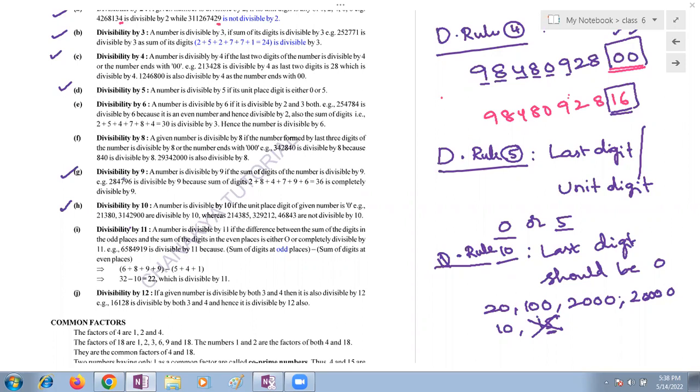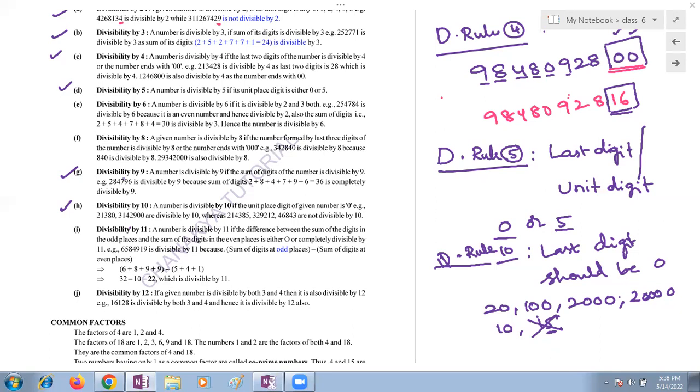Ma'am, it's 36. 36 will come in the 9 table. Yes, now 9 how many times is 36? 9 fours are 36. So it is exactly divisible by 9.